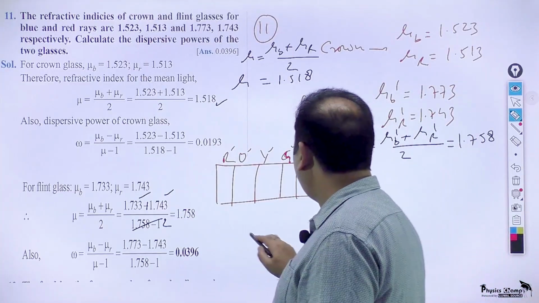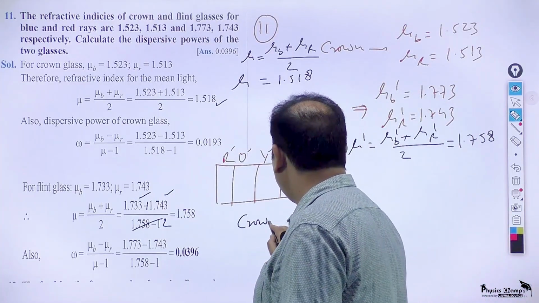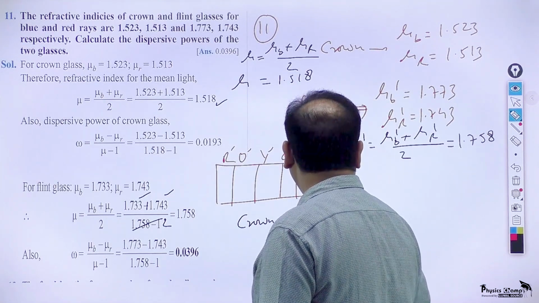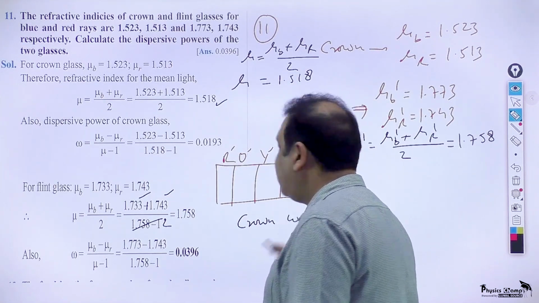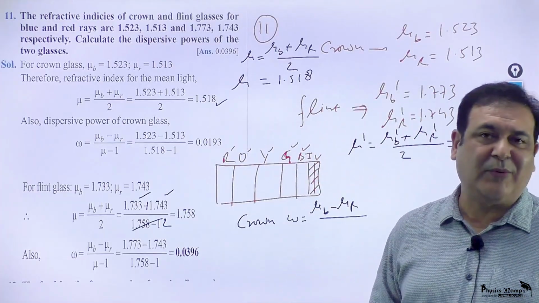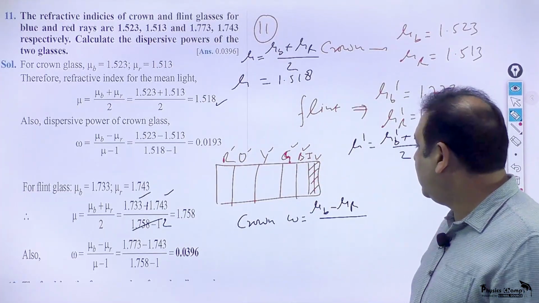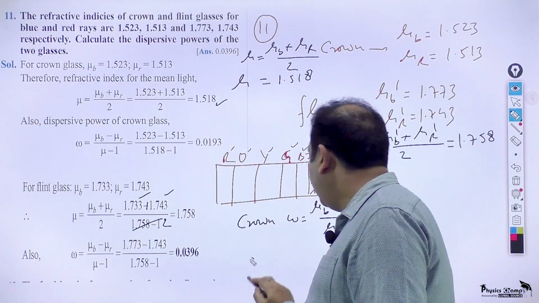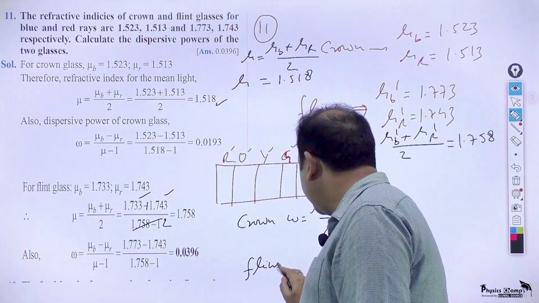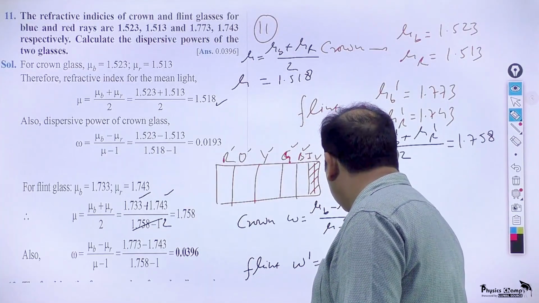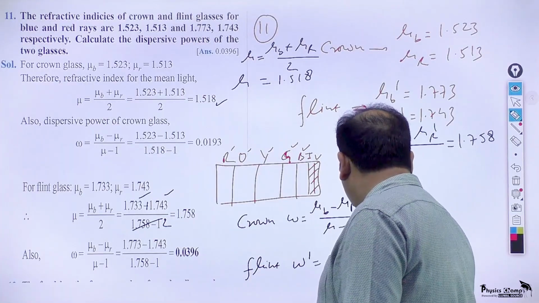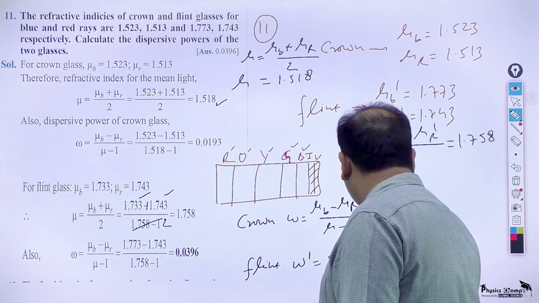Dispersive power for crown glass will be (mu b minus mu r) by (mu minus 1), using mu b instead of mu v. And for flint glass, the dispersive power is (mu b dash minus mu r dash) divided by (mu dash minus 1).